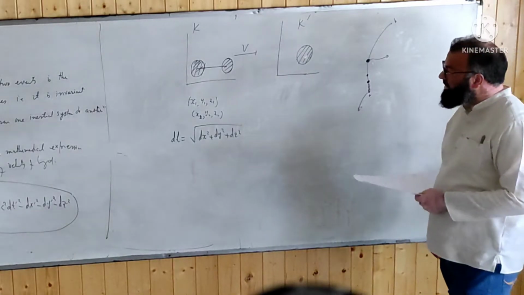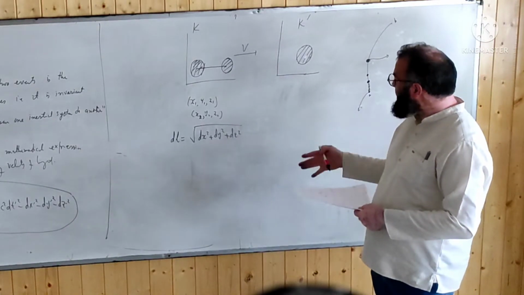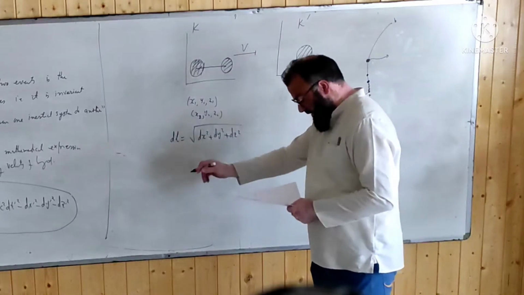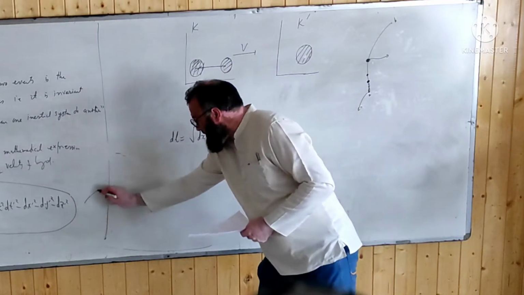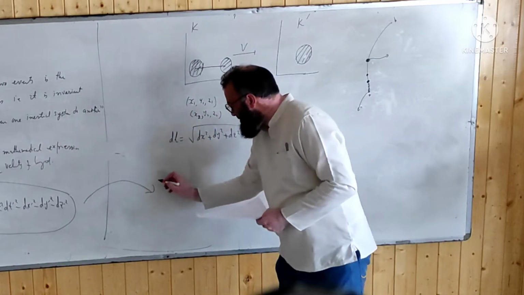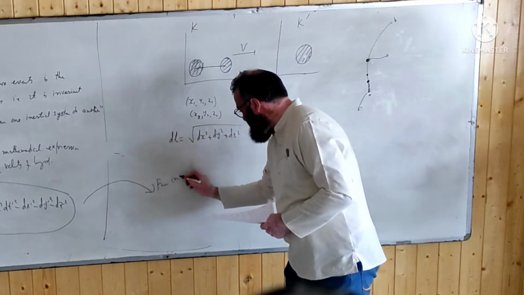Now let's try to calculate dt prime, the time prime, from this relation, from the invariance of intervals.